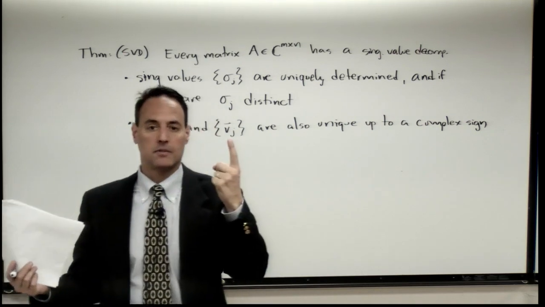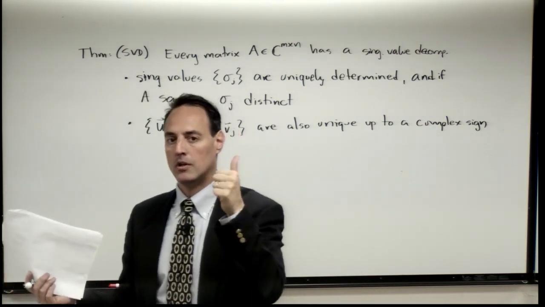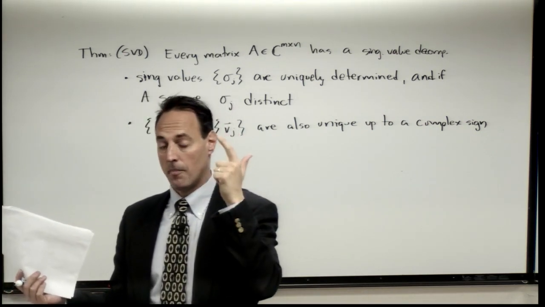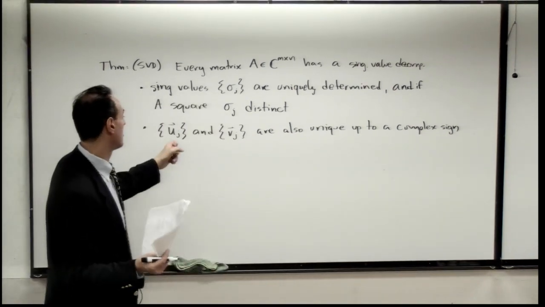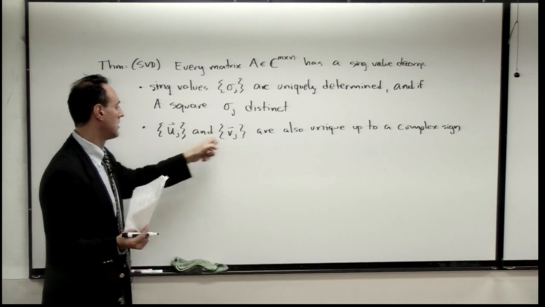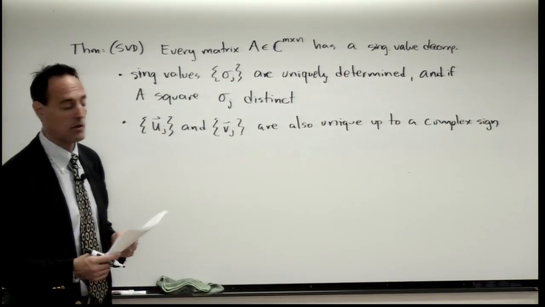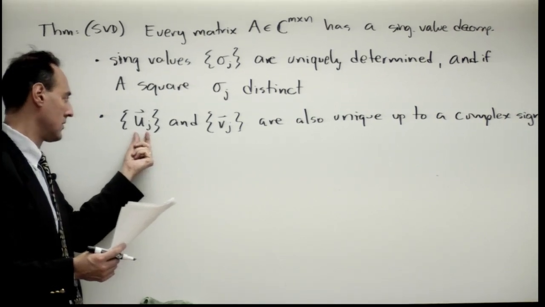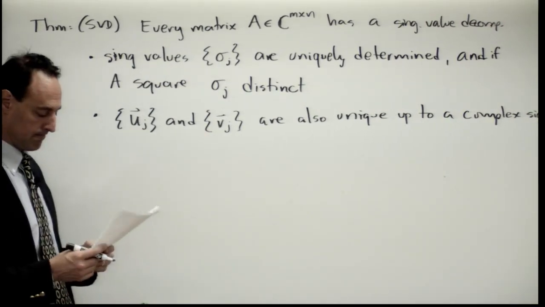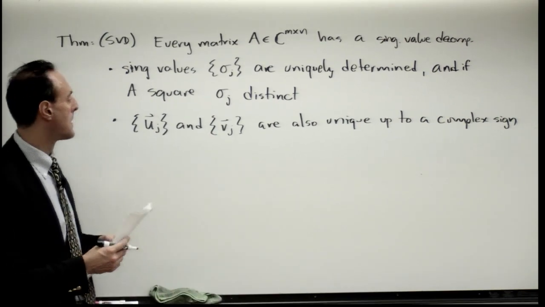This thing always works. It always produces for you singular values that are positive in order from biggest to smallest. And it always produces you, those are unique. Same thing with the unique eigenvectors, or sort of unique singular vectors u and v. Okay.